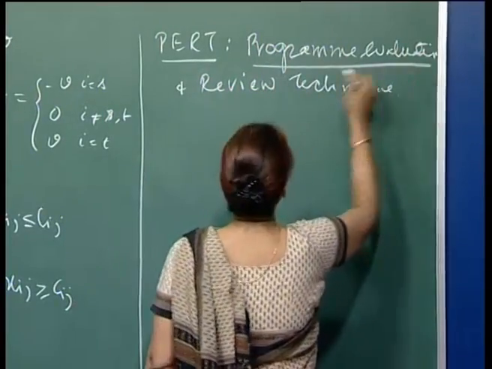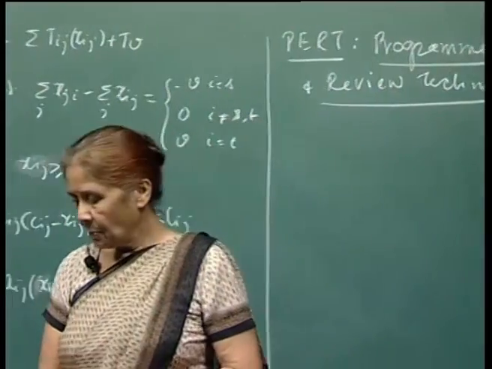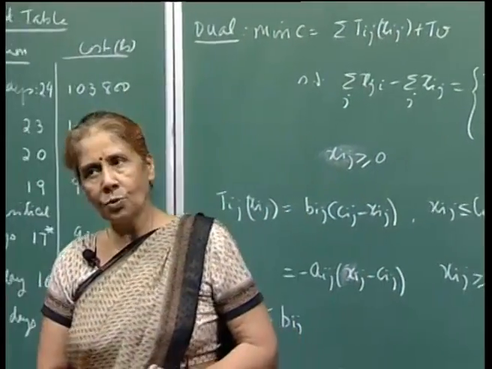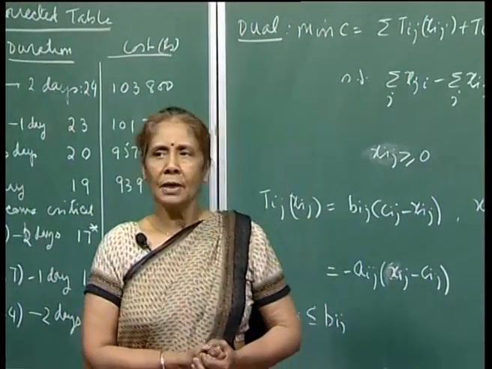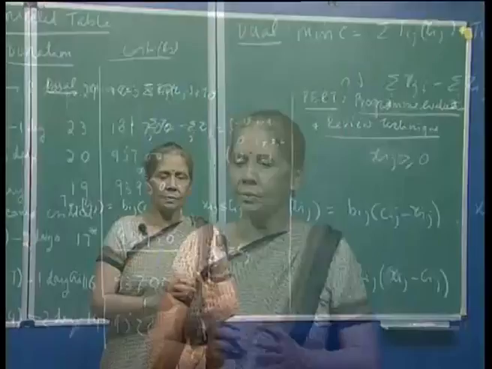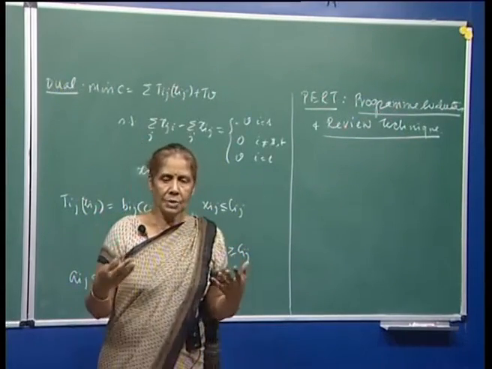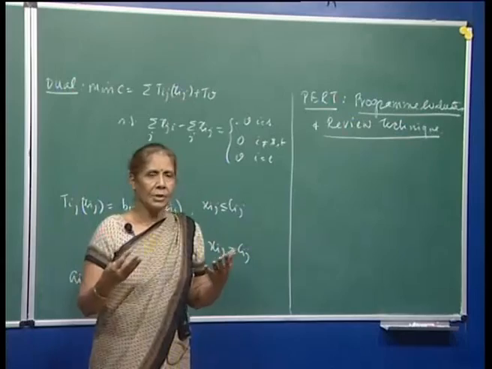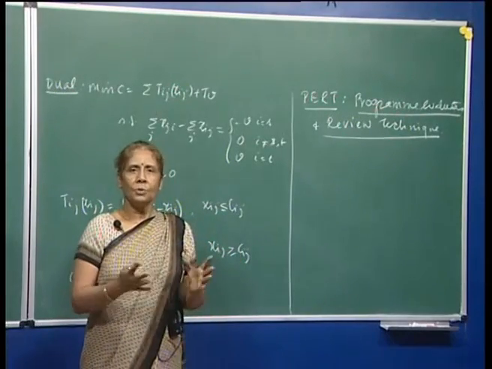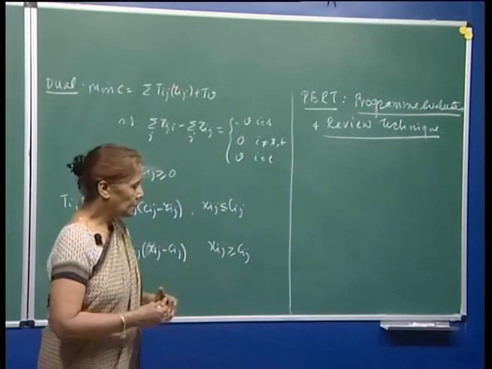The idea here is that CPM and PERT are tools for handling large projects. For CPM, the situation is when you are almost confident about the resources and the duration of the activities, so you have a fair idea as to how long the whole project will take and how long each activity will take.